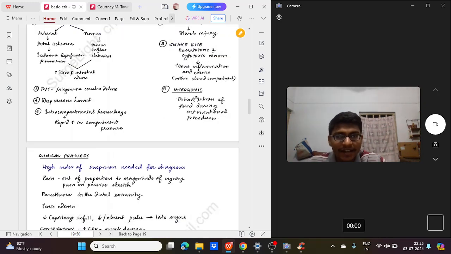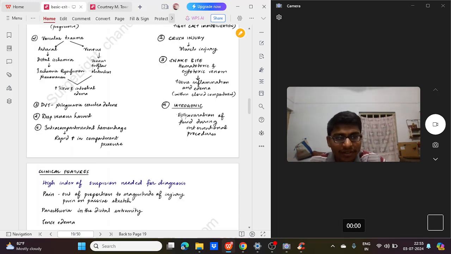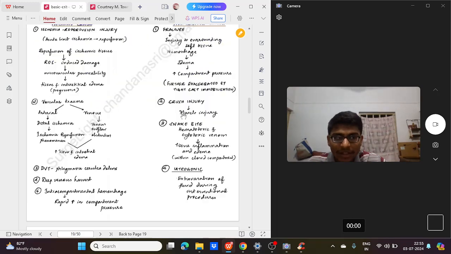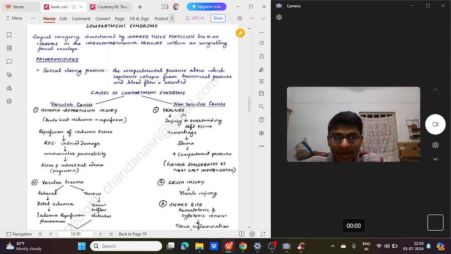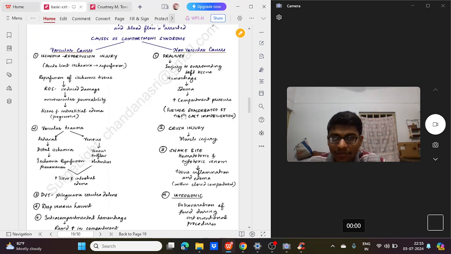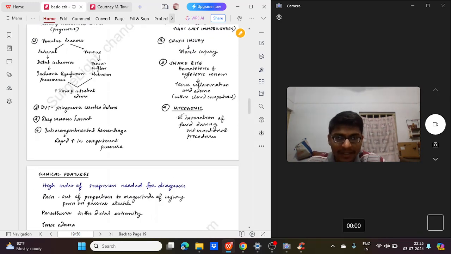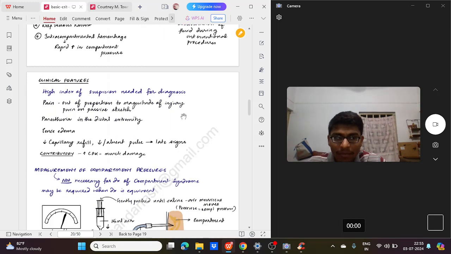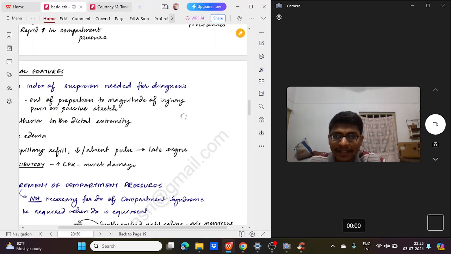The last one is iatrogenic, due to extravasation of fluid during any procedure. So in short, it is swelling in the compartment, trauma, or some form of ischemia due to any reason. So these are the common causes.